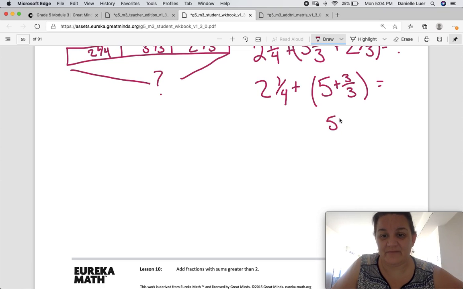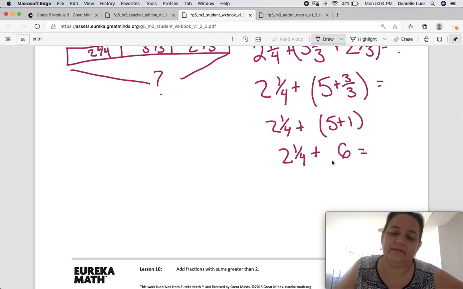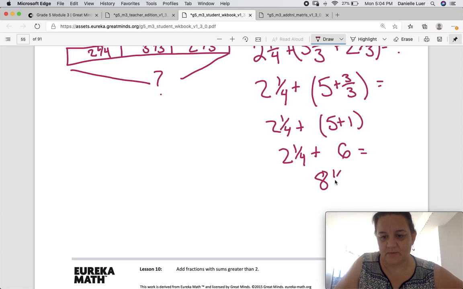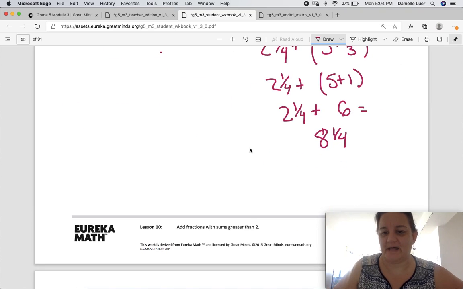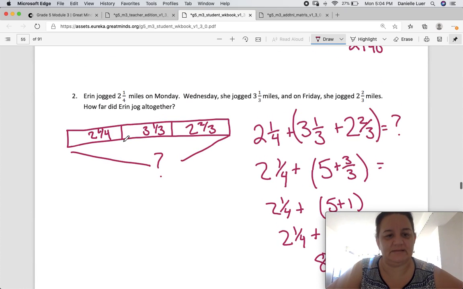So 5 plus 1 just equals 6. 6 plus 2 1/4 equals, well, hey, there isn't even a fraction on that side. I don't even have to find any more common denominators. I can just add 8 1/4, and the answer is in miles. So she ran 8 1/4 miles.